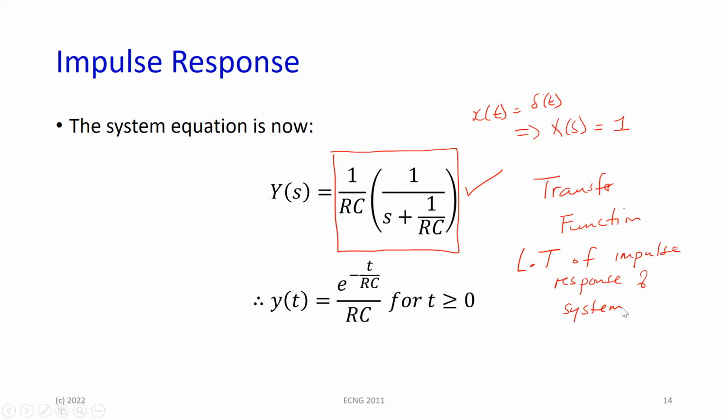So from now on, you're going to meet that term transfer function all over the place, now and in the future. Whenever you hear somebody talking about the transfer function of a system, what they're talking about is the Laplace transform of the impulse response of that system. Yeah? Fair enough? So questions?